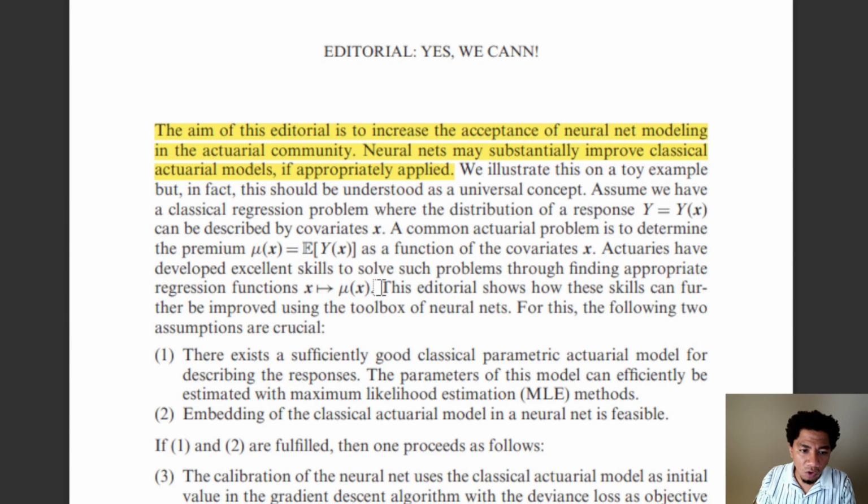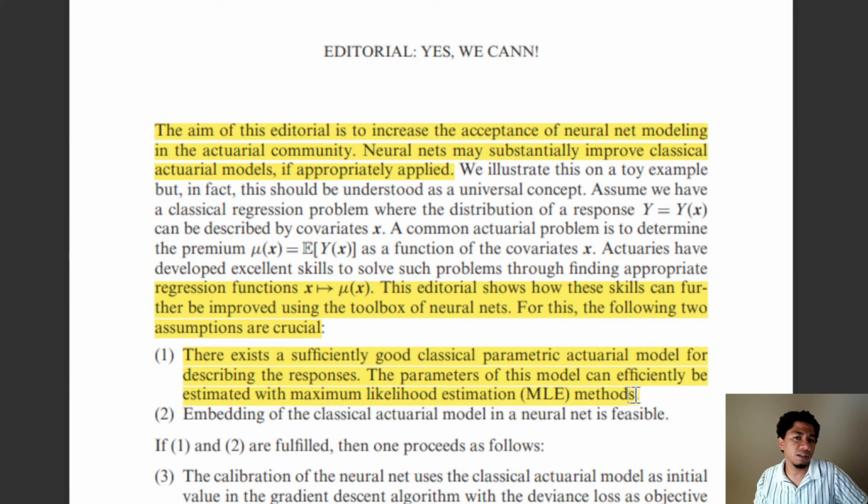What the authors then continue to say is, in order to use the combined actuarial neural network, there are two assumptions that are critical here. The first assumption is that there exists a sufficiently good classical parametric actuarial model for describing the responses. The parameters of this model can efficiently be estimated with maximum likelihood estimation methods.